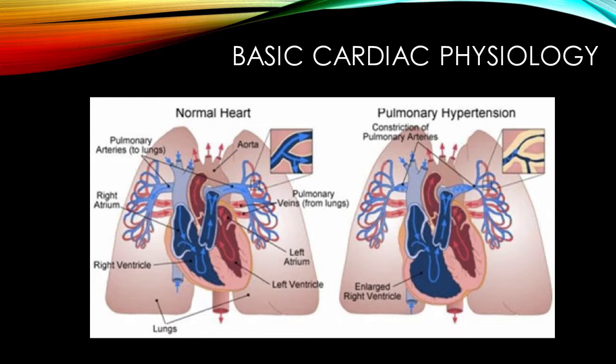So the elevated pressures there in the lungs, in the blood vessels of the lungs, actually transmits back to the right side of the heart. And because there's elevated pressure on the right side of the heart, it can cause the right side of the heart to become thicker than it should be and also to become larger than it should be. The pressures in the right side of the heart are higher than they should be, and that's what we as heart doctors worry about.